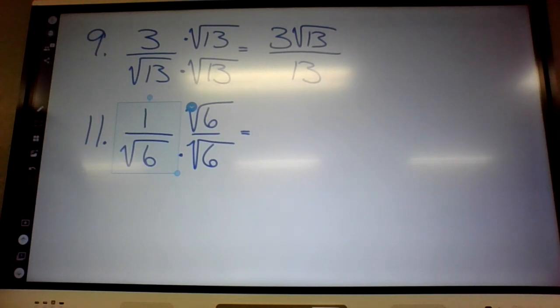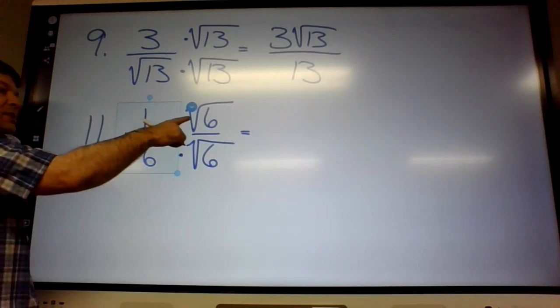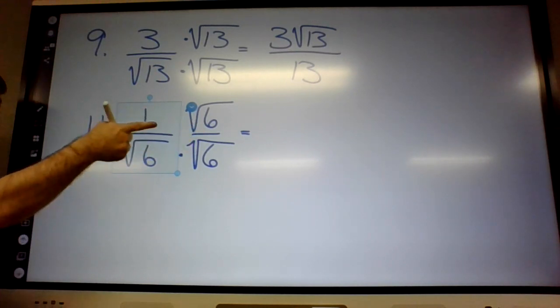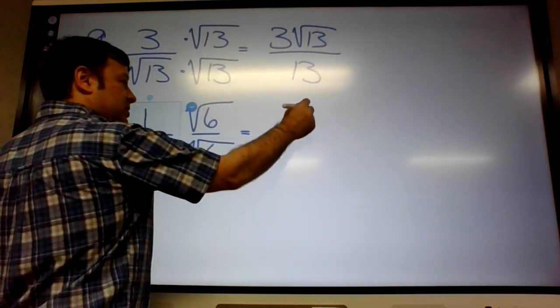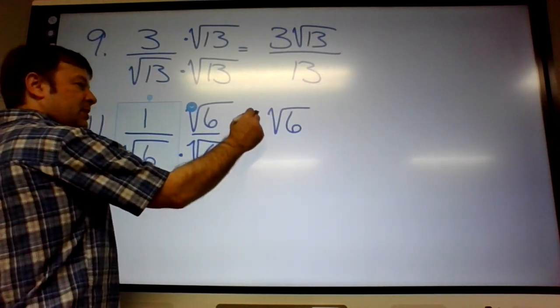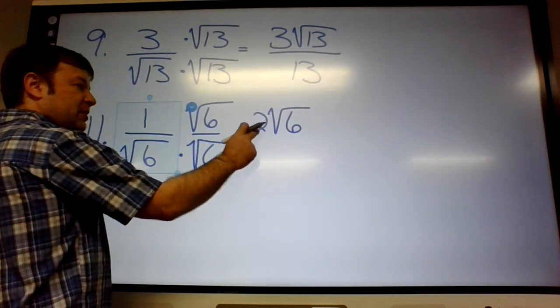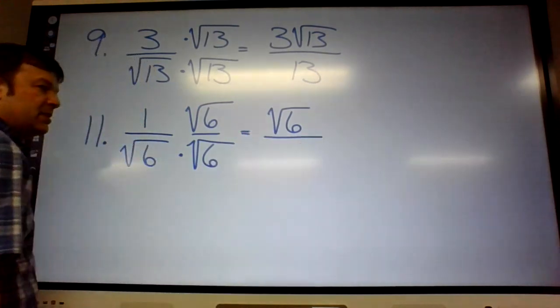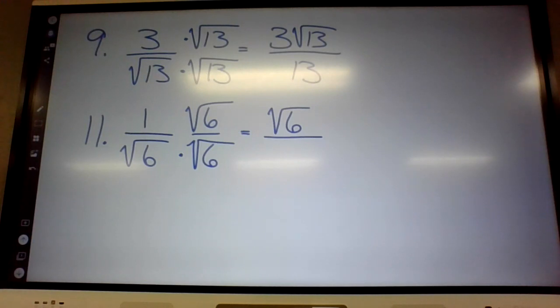Okay, the top is 1 times the square root of 6, which is 1 square root of 6. It's just square root of 6. 1 times anything is just itself. If it had been a 2 or something, we just put a 2 right there. But if it's just a 1, we don't really need to write the 1 down.